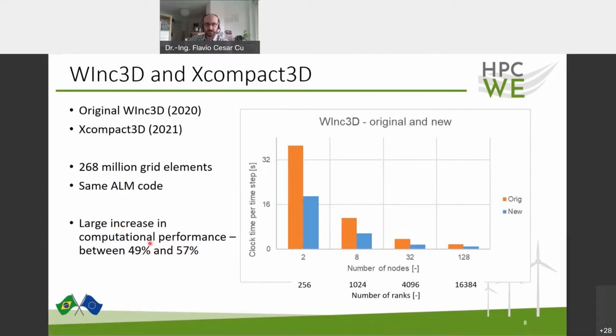We see a large increase in computational performance, where the blue bars represent the clock time, so the simulation time per time step, of the new XCompact 3D, and the orange ones from the original version of the Wind3D. We see that there's a large increase in the computational performance between 49 and 57%.